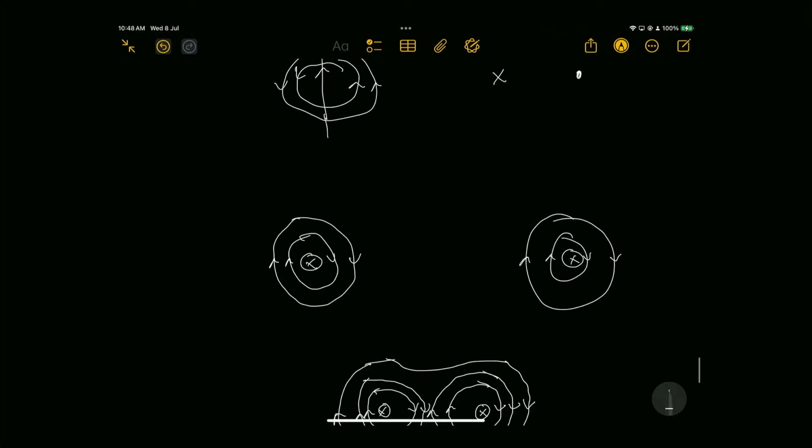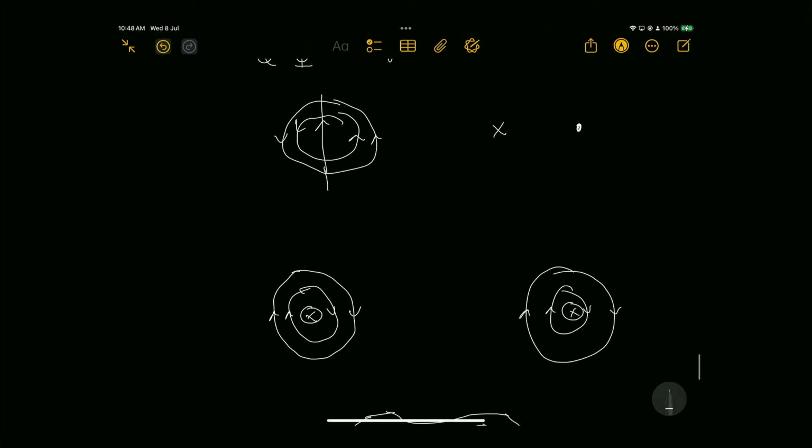So let's take back one, right? So this conductor that carries current into the sheet of the paper. What is the magnitude of the magnetic field at this point P, if this is at a distance r from the current?